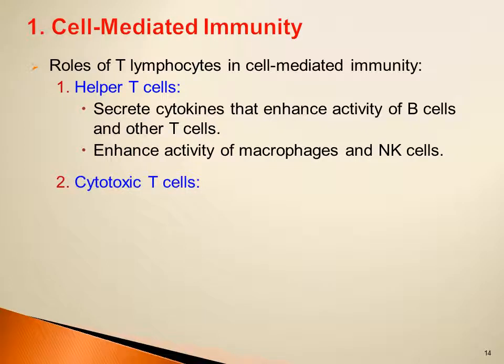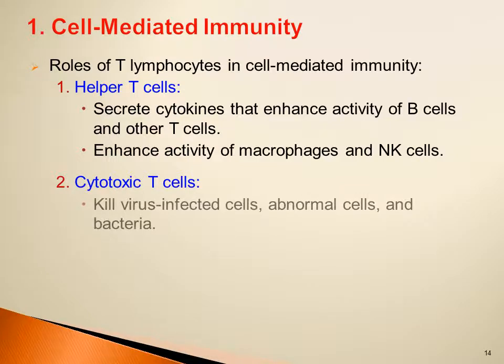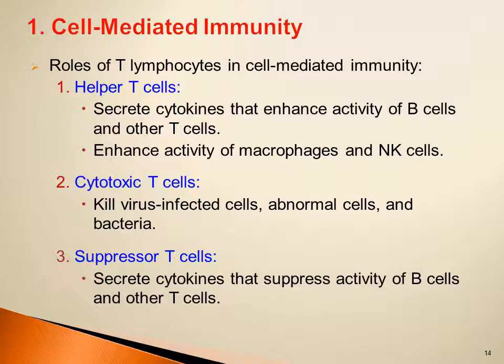Another type of T lymphocytes are the cytotoxic T cells. They kill virus-infected cells, abnormal cells, and bacteria. Another type of T cells, the suppressor T cells, secrete cytokines that suppress the activity of B cells and other T cells.